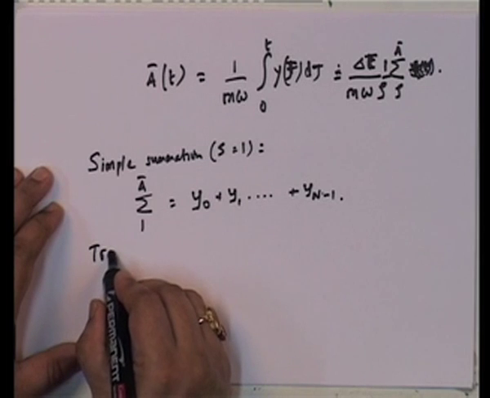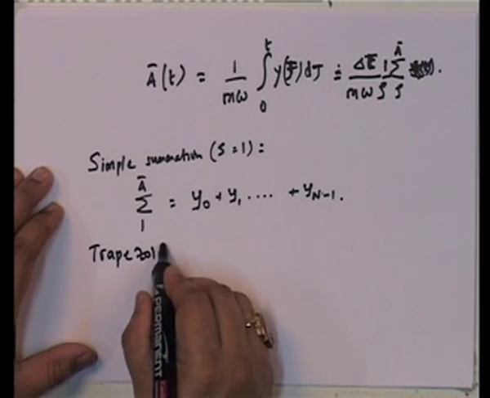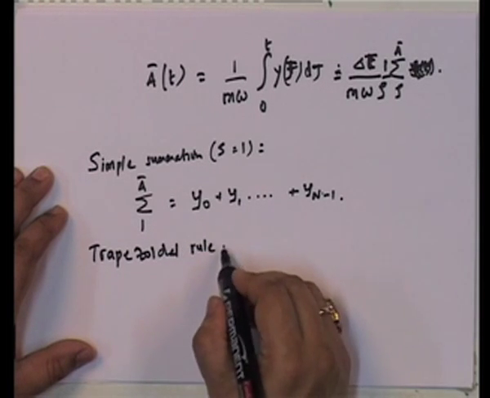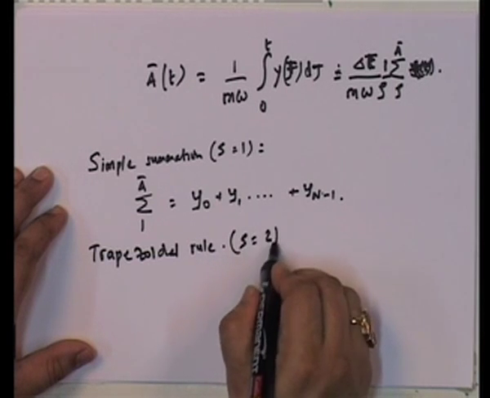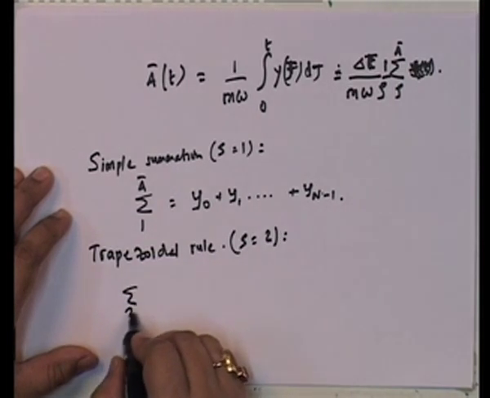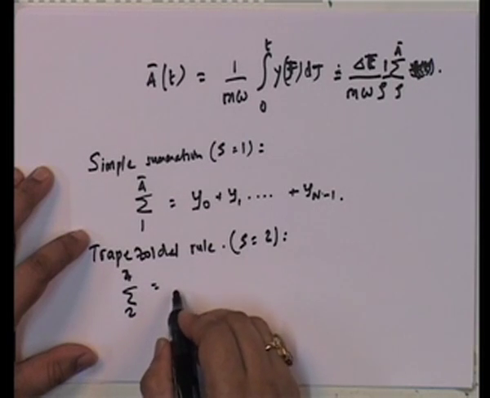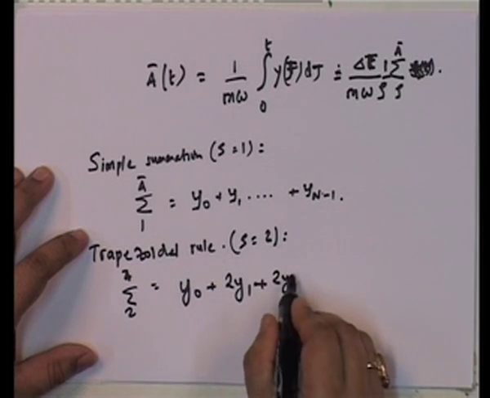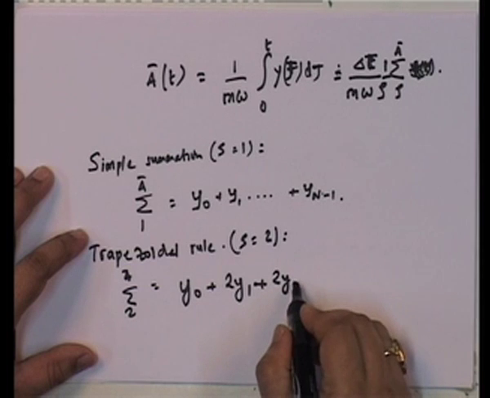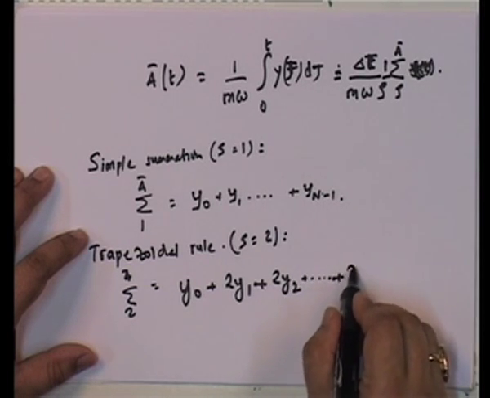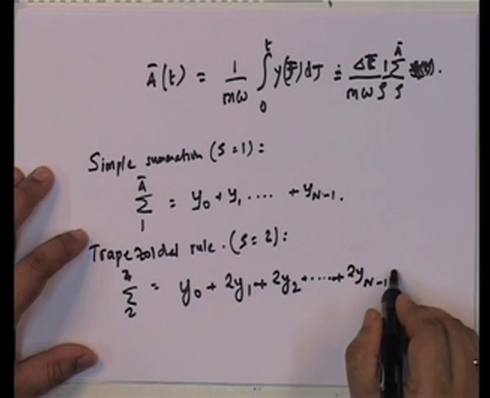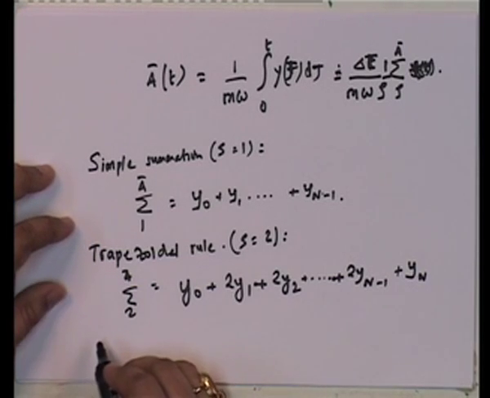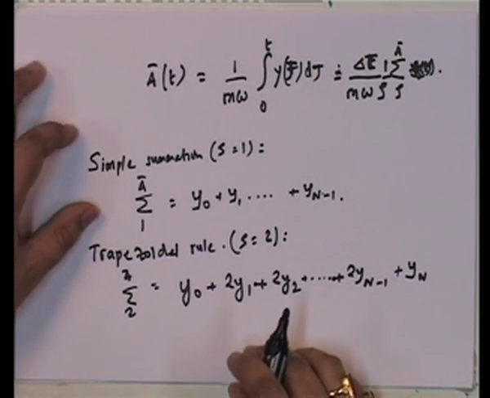If I use the trapezoidal rule, where xi is equal to 2, then 2 a prime is given by y 0 plus 2 y 1 plus 2 y 2 plus 2 y n minus 1 plus y n. And if I use something called the Simpson's rule.